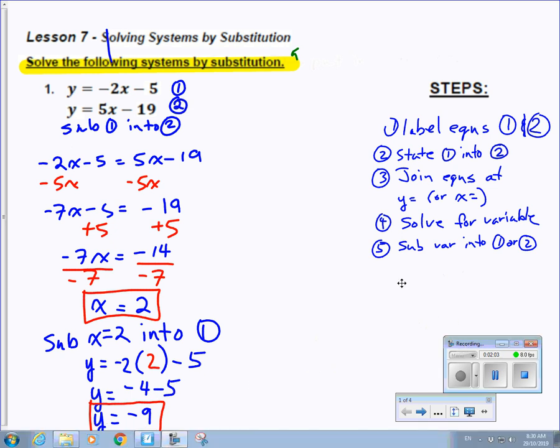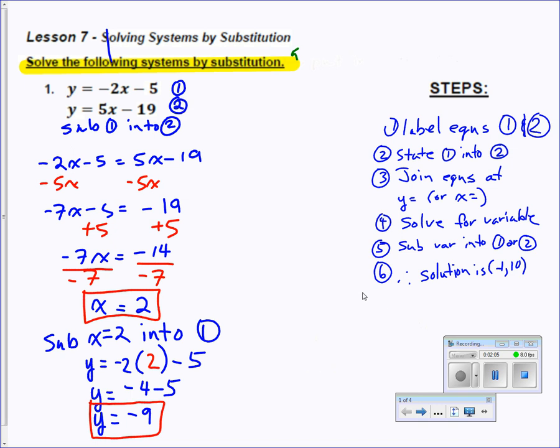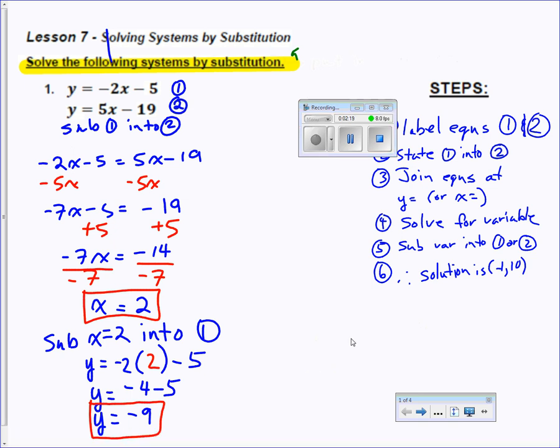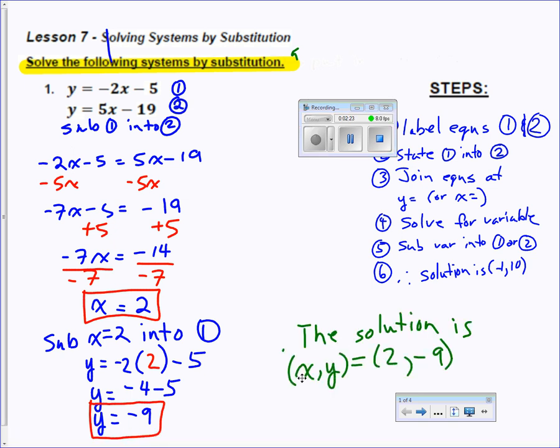So now, once you've done that, you tell us what our solution is. We just say, therefore, the solution is, and you tell me what the 2 points are. x, y equals 2, negative 9. And we're done.